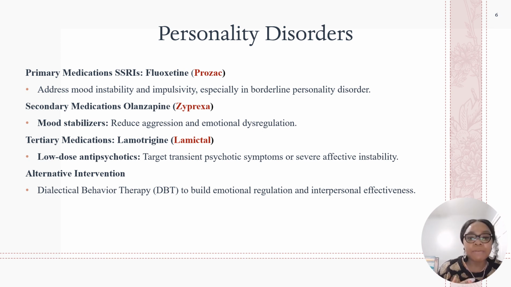And so you have dialectical behavioral therapy that can be used as standard for borderline personality disorders, teaching clients distress tolerance, emotional regulation, and interpersonal effectiveness skills. And so within the medications, for the primary, we have an example of a medication called Prozac, and then the secondary medication called Zyprexa, and then a tertiary medication called Lamictal.